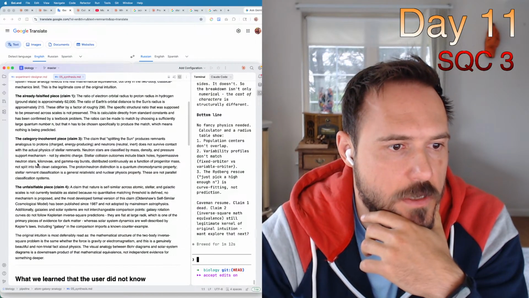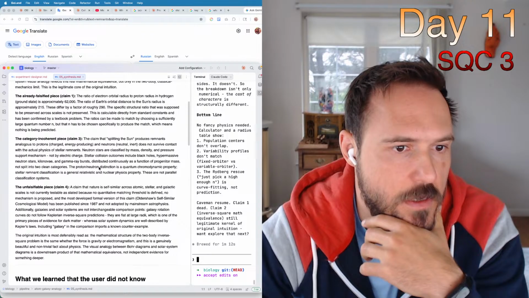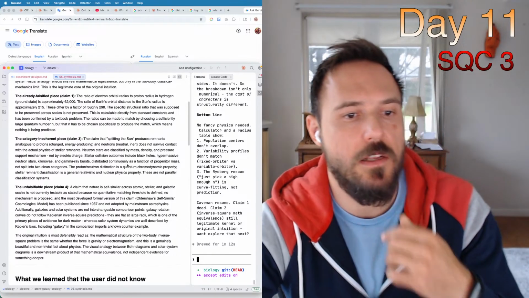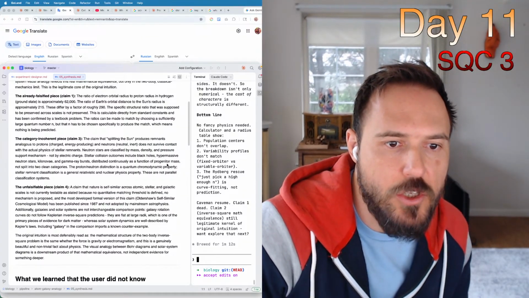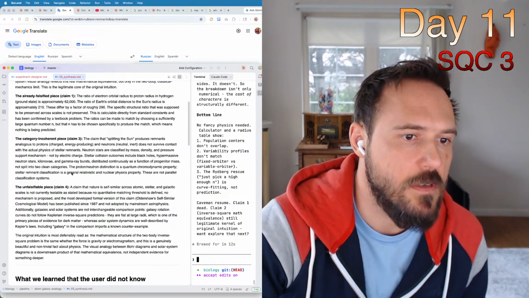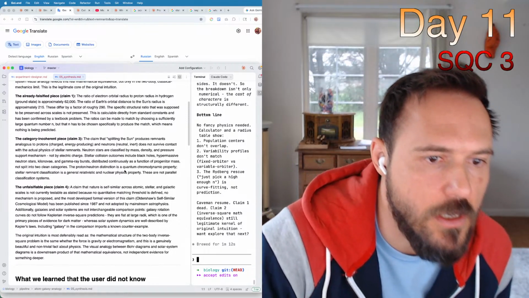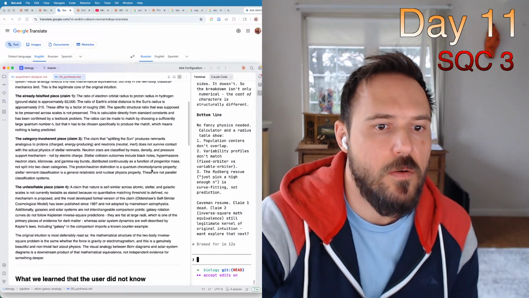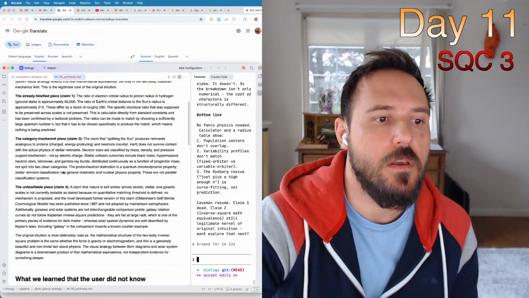Hypermassive neutron stars, kilonova, and gamma ray bursts, distributed continuously as a function of progenitor mass, not split into two clean categories. The proton-neutron distinction is a quantum chromodynamic property.